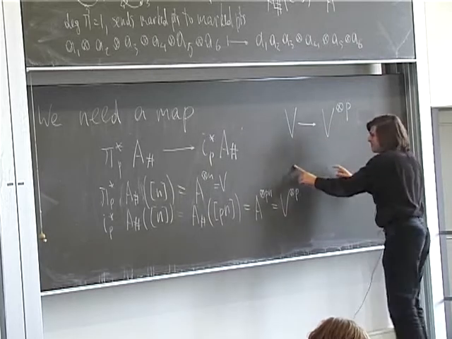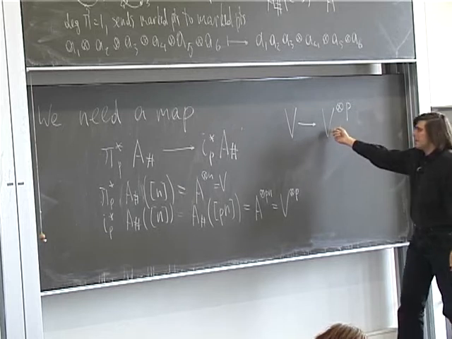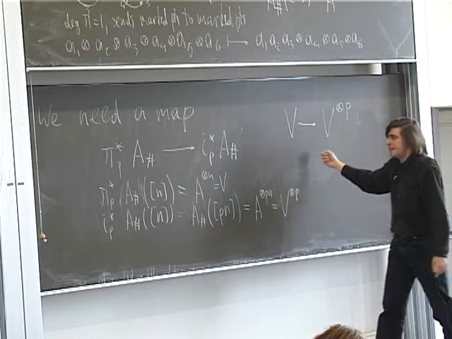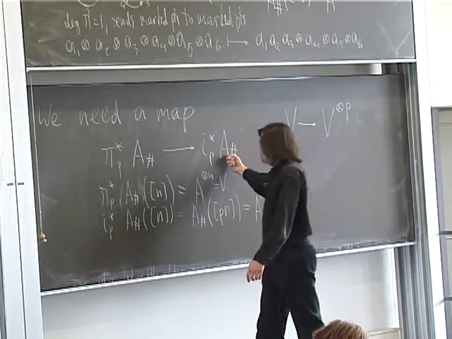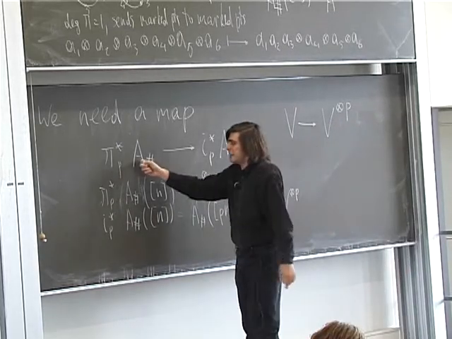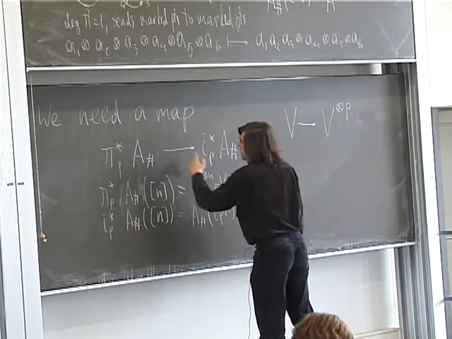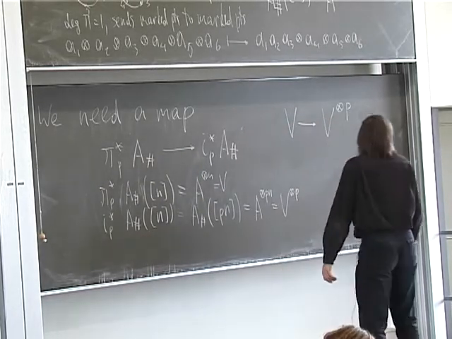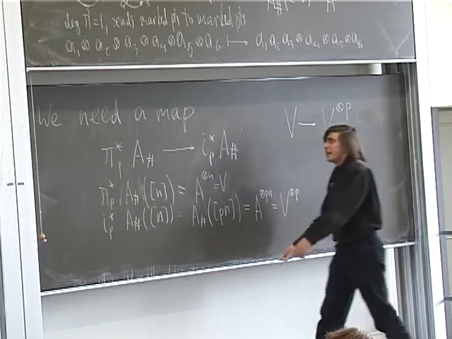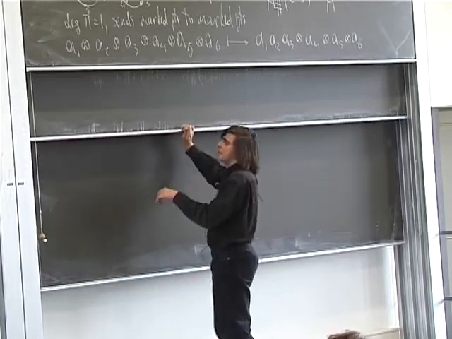Surprisingly, the rest just boils down to this situation. Once I find a map like this which is sufficiently functorial, the generalization to functors becomes immediate. We just take this map and notice that it's compatible with all the cyclic structure and so on, and we immediately obtain a map like this. So from now on, I will concentrate on this pure linear algebraic problem, and the generalization to cyclic objects becomes totally automatic.